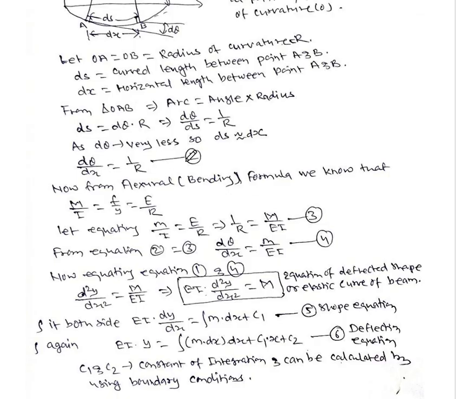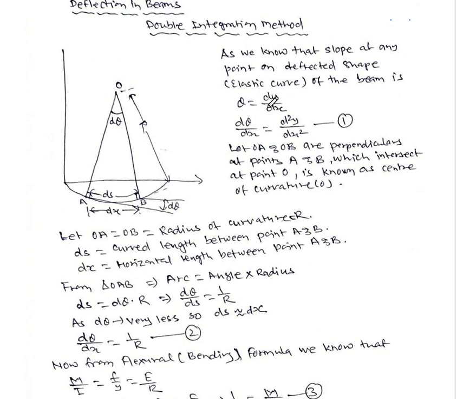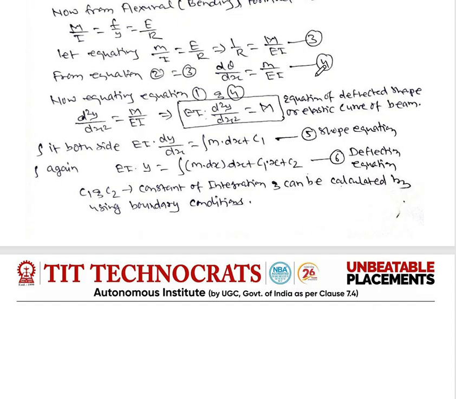Now from equation number 2, 1 upon R equals d theta by dx, and from equation number 3, 1 upon R equals M upon EI. If we equate these two, then d theta by dx equals M upon EI. This is equation number 4. Now d theta by dx equals d2y by dx square from equation number 1 and equation number 4.